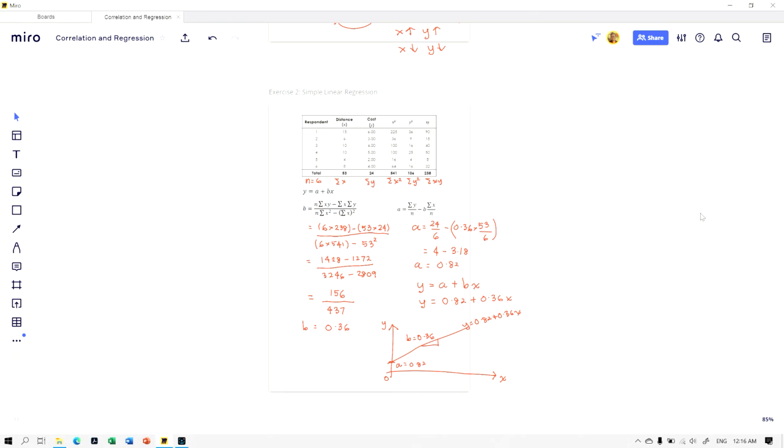From the equation we know that a represents the y-intercept, which is the value where the regression equation intersects the y-axis, and the value of b represents the slope of the regression line.